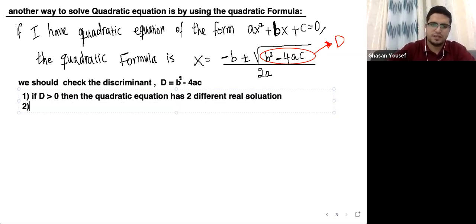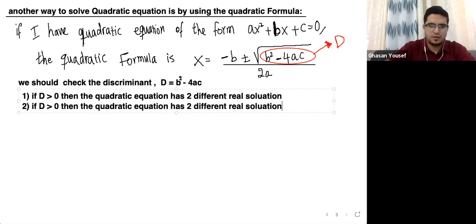Number two, if D is equal to 0, then the quadratic equation has exactly one real solution, only one real solution.